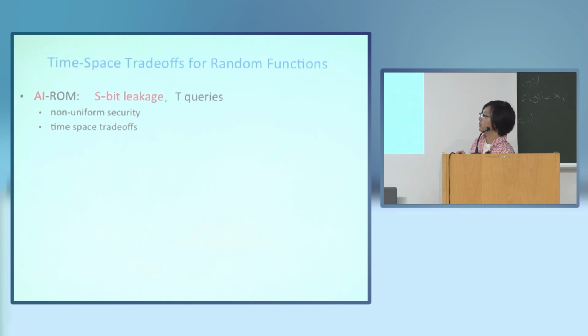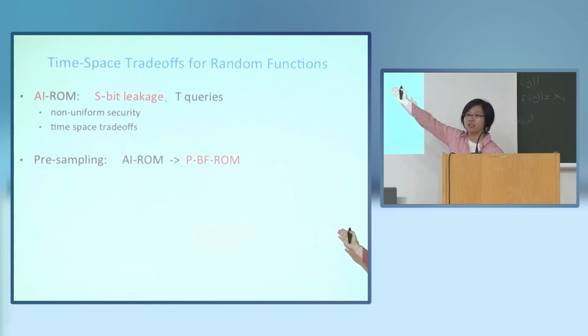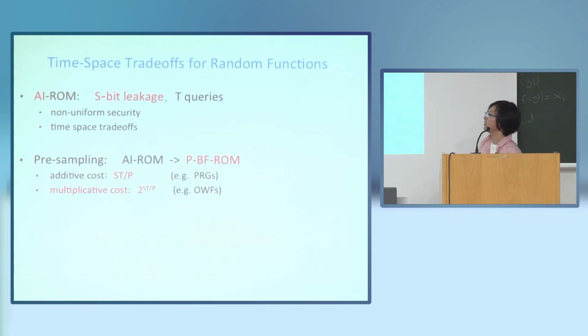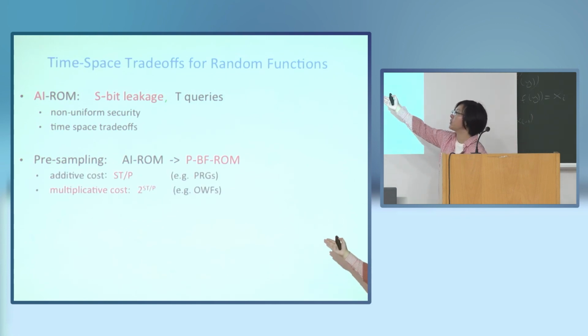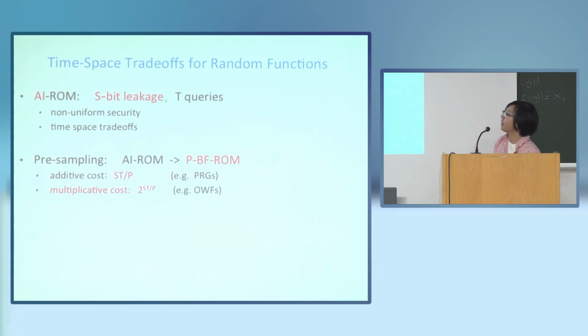The main message from the talk is that pre-sampling is a very nice tool, helping us reduce complicated leakage to easier leakage. We have two versions of that, where you can either pay an additive cost or a multiplicative cost, and this gives you almost tight bounds for two examples.